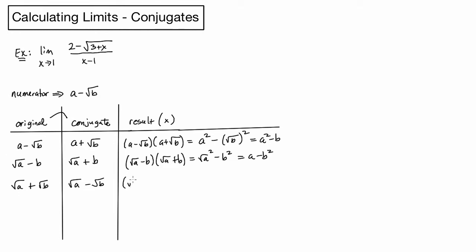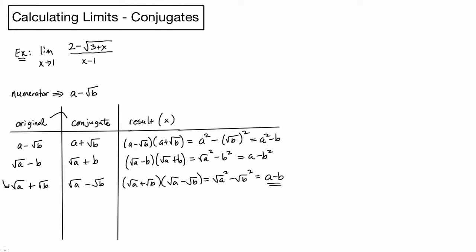Then multiplying these two together, we get an honest to goodness difference of squares, which is nice because it simplifies to just a minus b. If you ever get an expression of this form, you definitely want to use the conjugate because the resulting expression is far simpler than the original one.